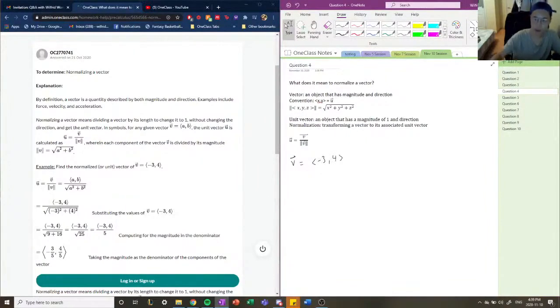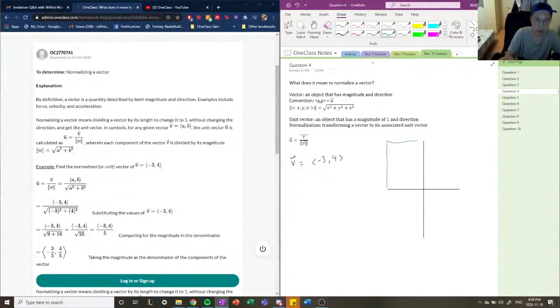Let's look at what this looks like on the Cartesian plane. For (-3, 4), x is on this side, and 4 is on this side, so it's going to be in this quadrant here.